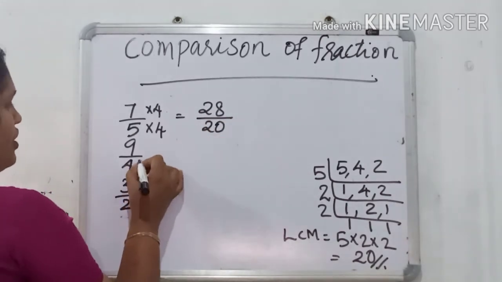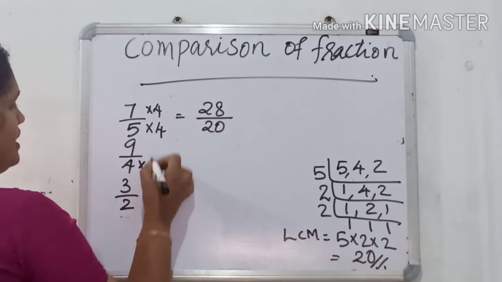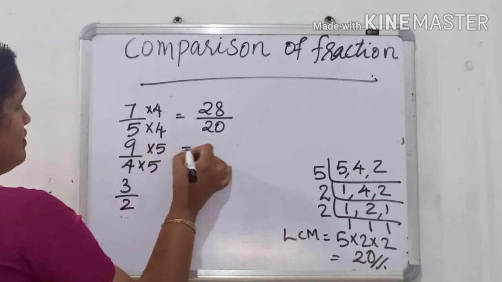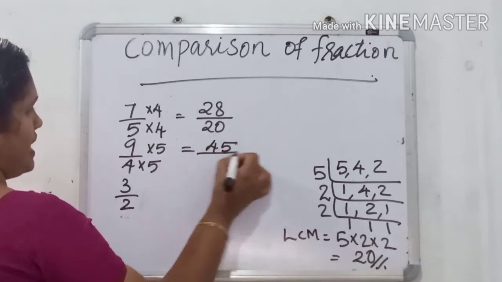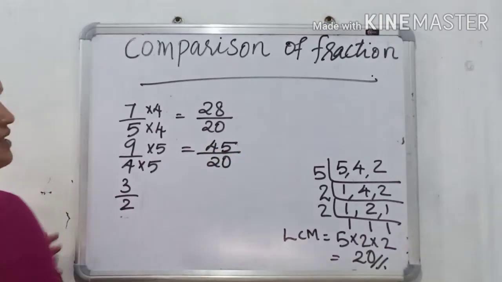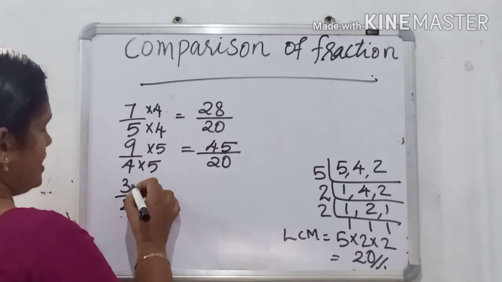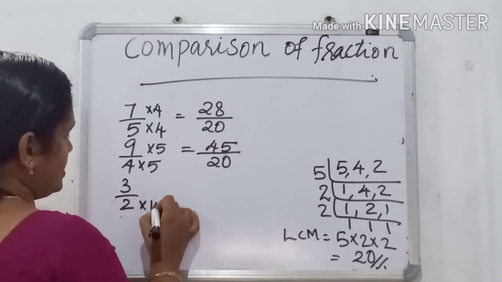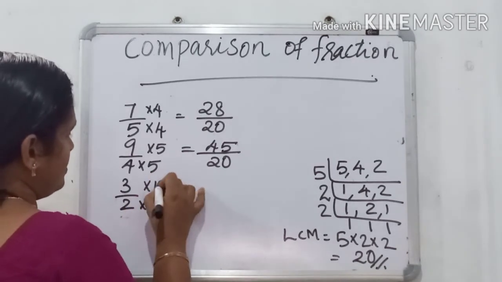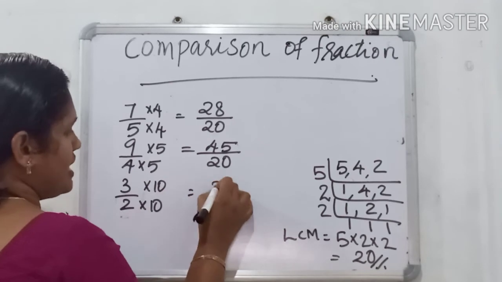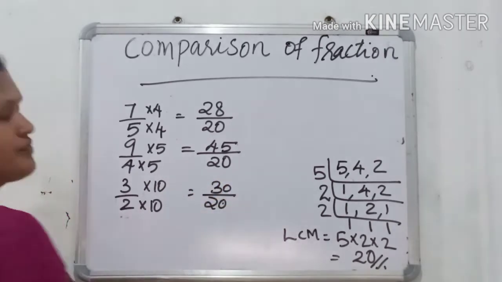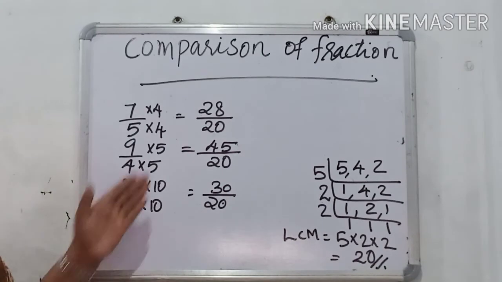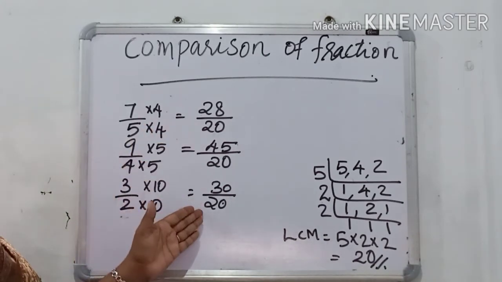Next, 4 into 5 equals 20. 9 into 5, which equals 9 5's are 45 by 20. Okay. Then 3 by 2. 2 into 10. 3 into 10, which equals 3 10's are 30 by 20. Clear? Now all the denominators are same.